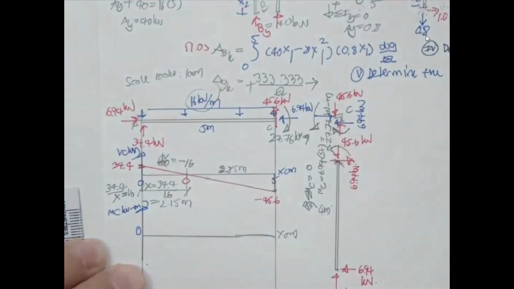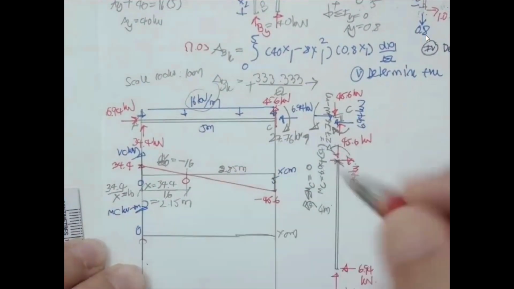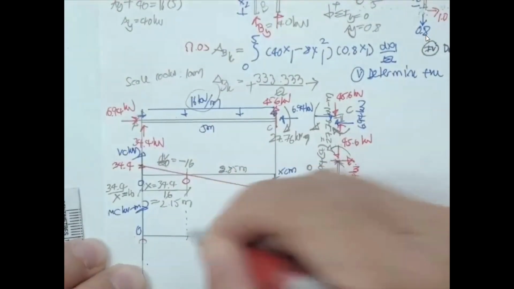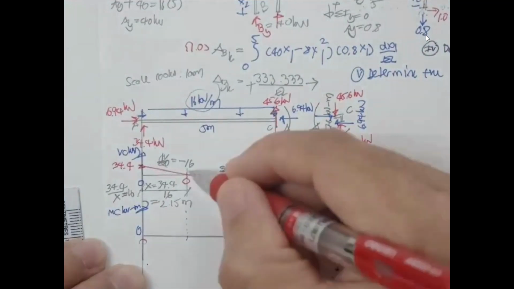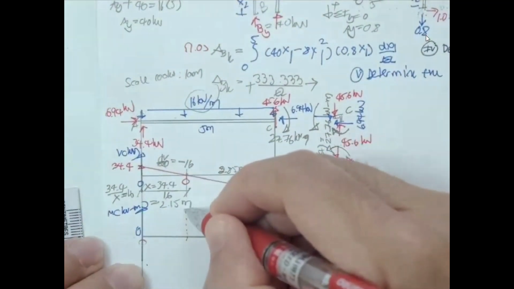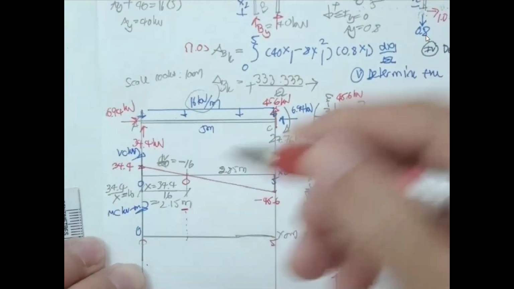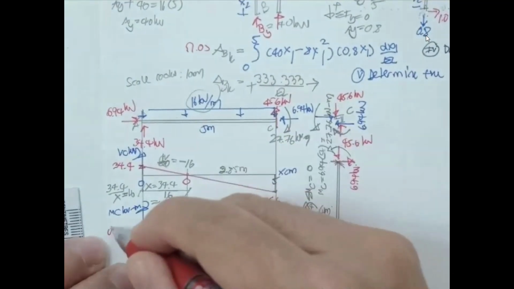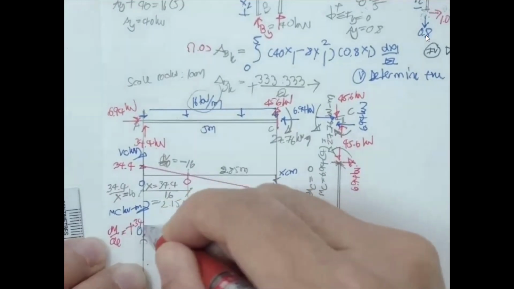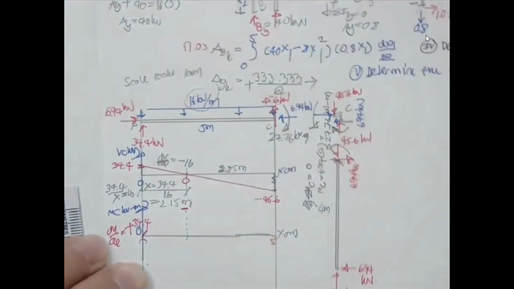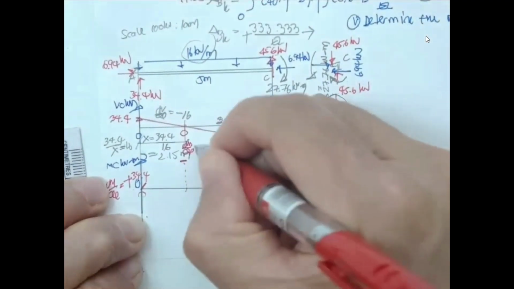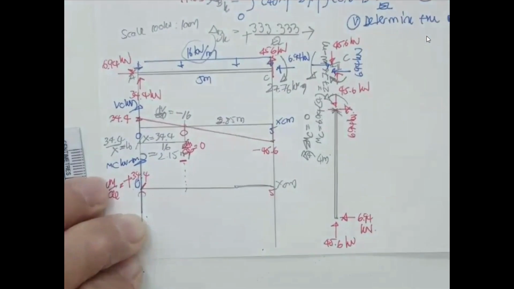Okay, and we start here from 0 to 5, and we have the point over here. The point over here has what? No slope. Okay, we have dM by dx over here to be plus 34.4. But for over here, dM by dx is going to be 0.